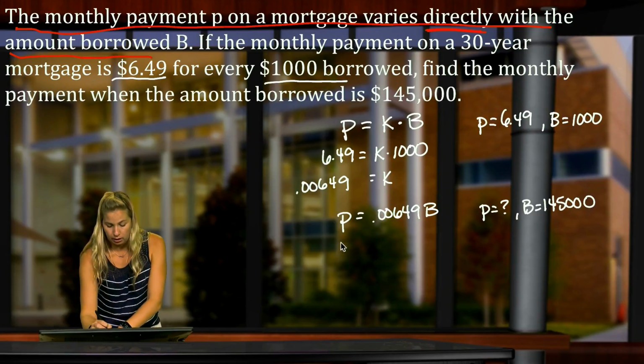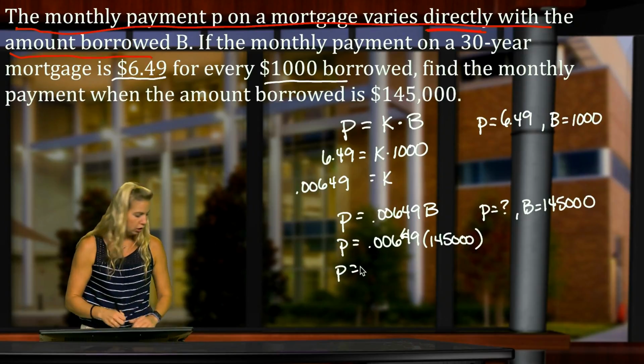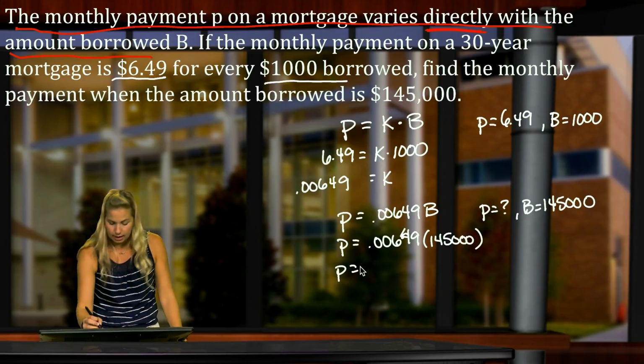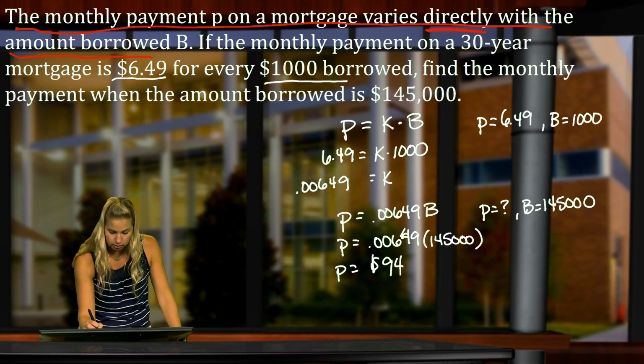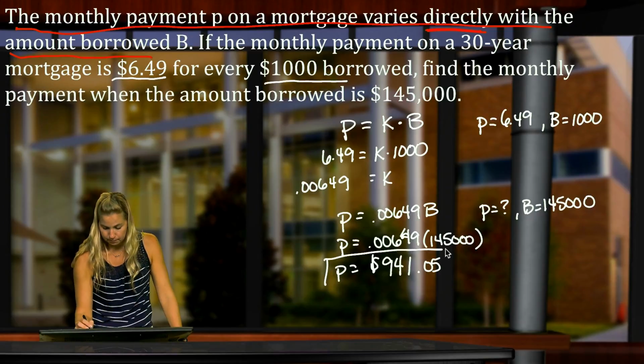We plug in our value of B. And you guys can do this on your calculator. We get that our monthly payment is $941.05.